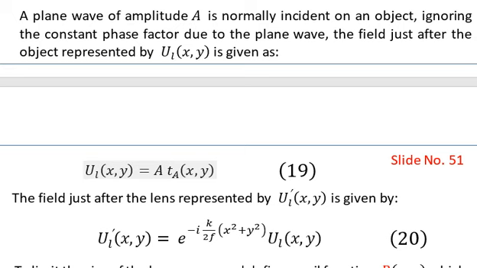So you see that this field on the left hand side is the field just after the object, or you can say this is the field just before the lens, or the field incident on the lens. So in equation number 9, on the left hand side you have the field which is just incident on the lens.